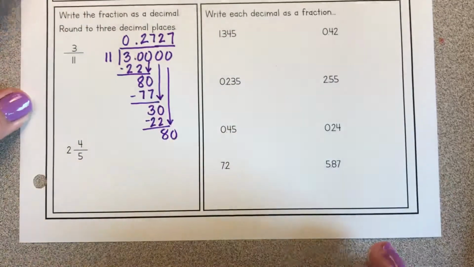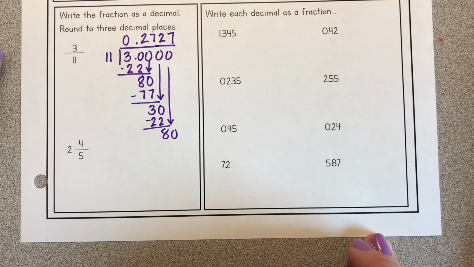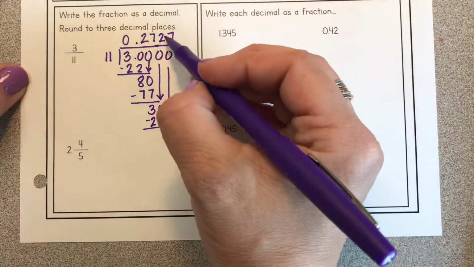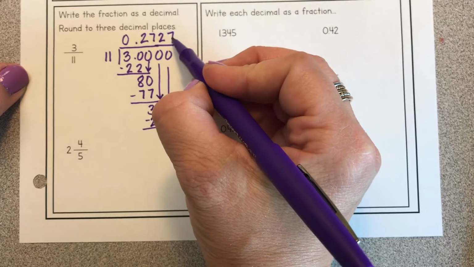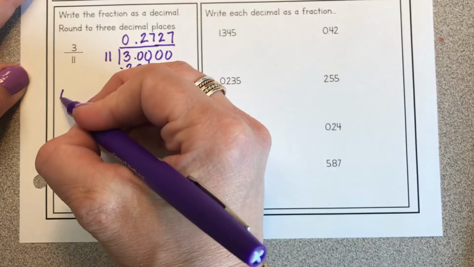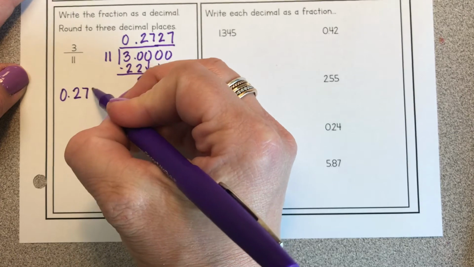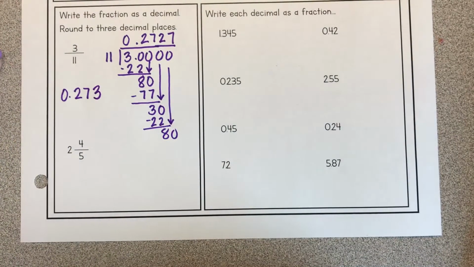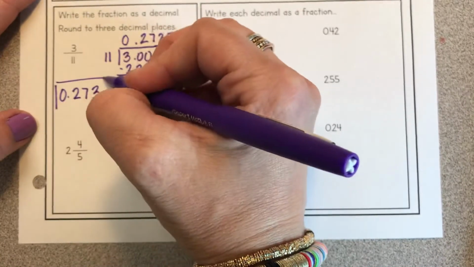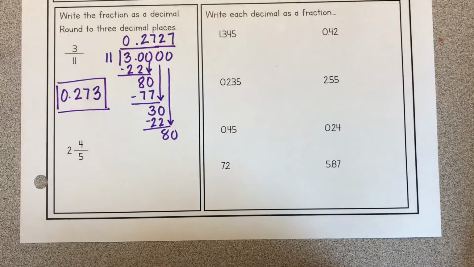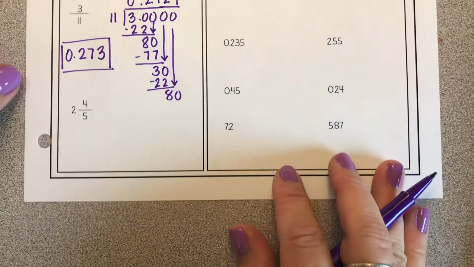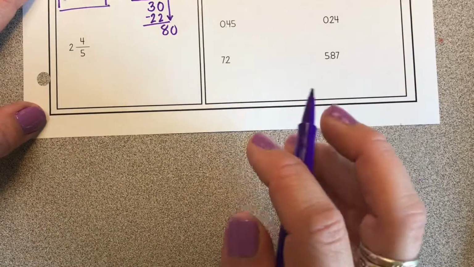Okay, so if my instructions are to round to 3 decimal places, that means I have to look at the 4th decimal place. Is this 5 or more? Yes, so that would round my score up and make that 0.273. I'm well aware that it's 0.27 repeating, but because the instructions said to round to the 3rd decimal, that's what I'm going to do. Okay, and then I have 2 and 4/5.